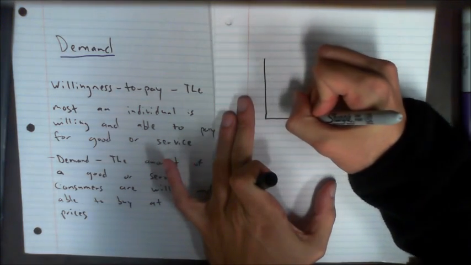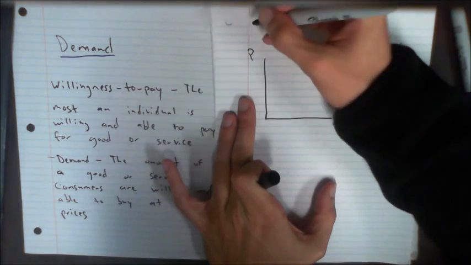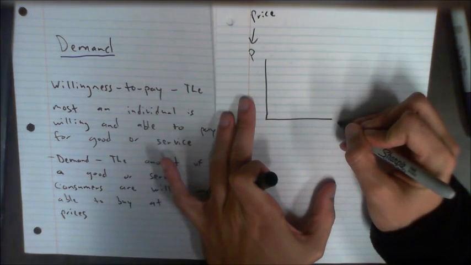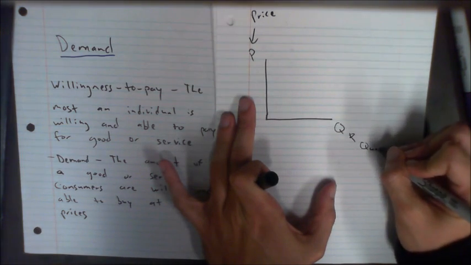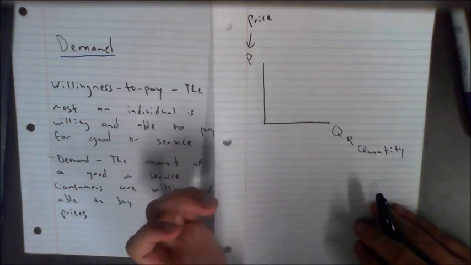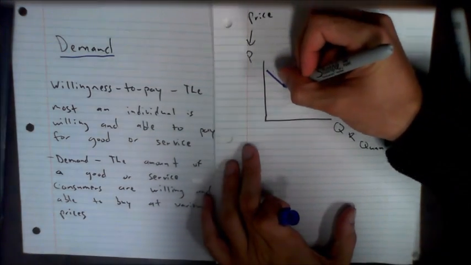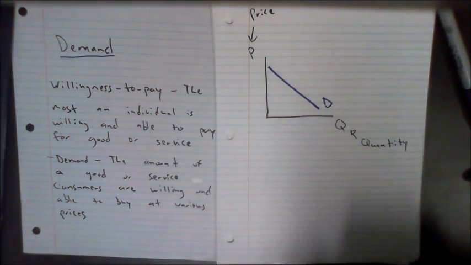We'll start on our vertical axis, and label this P for price. And on this horizontal axis, we'll label this Q for quantity. Good. Now, the demand curve in general looks something like this, and we'll label this D for demand.